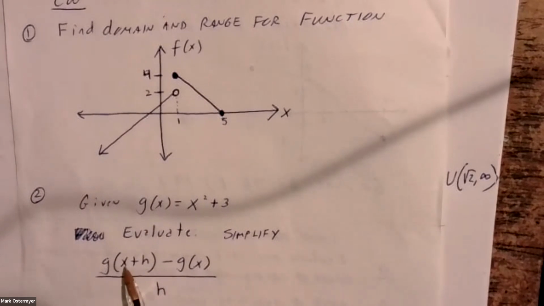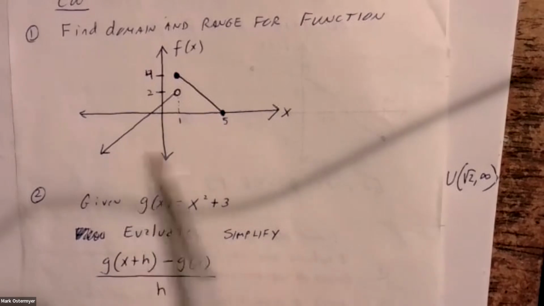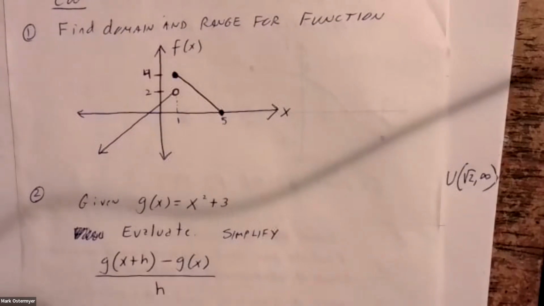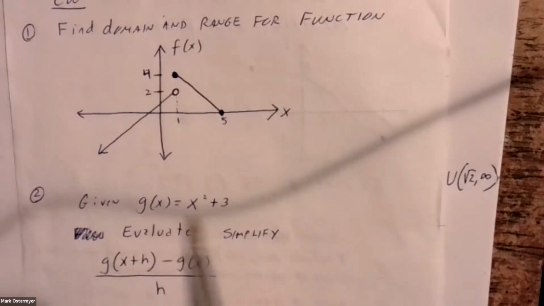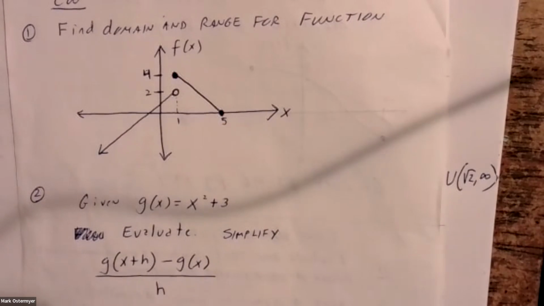That means you got to put x plus h into this function first, and then subtract off g of x, and then divide that by h, and see if you can maybe simplify that there. All right, so 2 problems. Specify the domain and range of this function, and see if you can evaluate this expression by using this function g of x. Okay. All right, we'll call that the last classwork today.